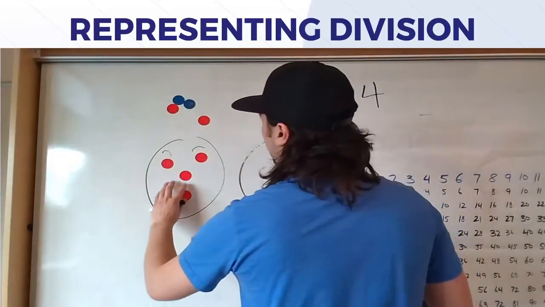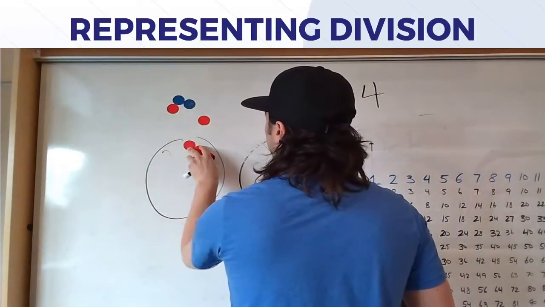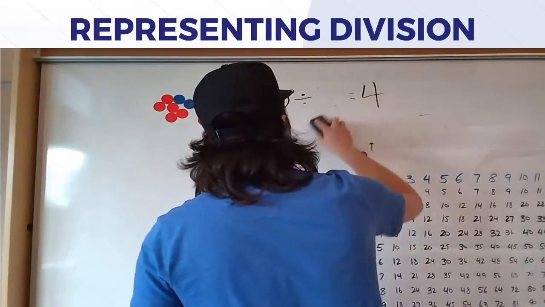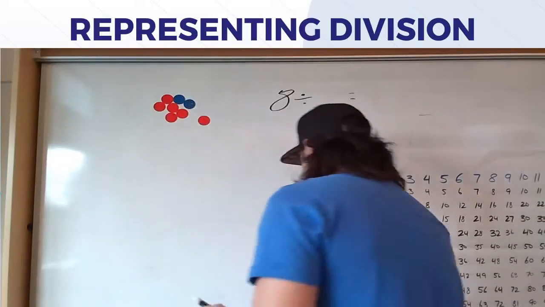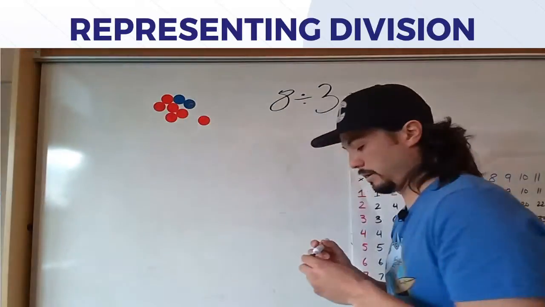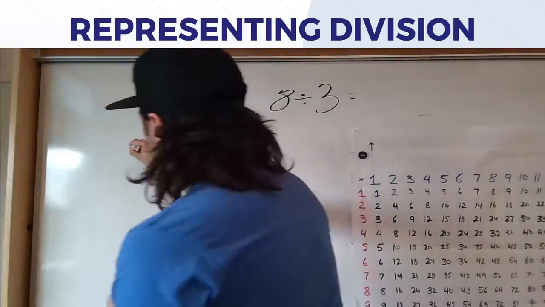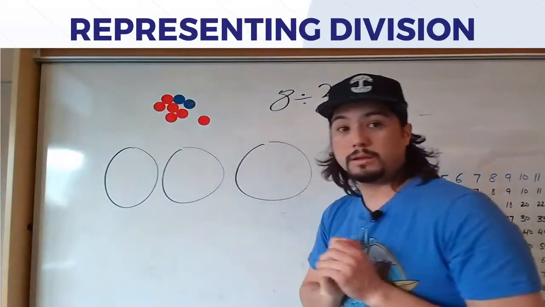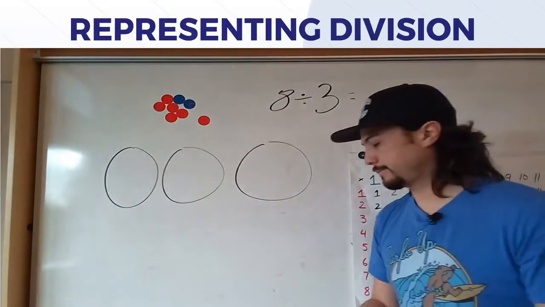Let's try a different divisor here. We'll keep our 8. Let's go 8 divided by 3. Now we're going 3 equal groups. So let's start.